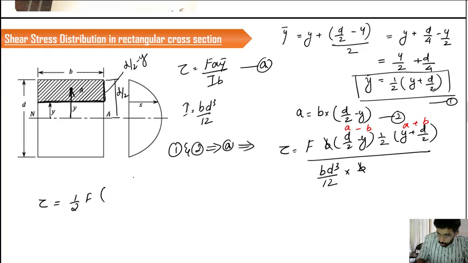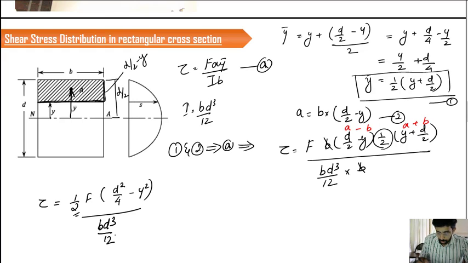So the answer comes as d square by 4 minus y square. This half we have taken out here, divided by B d cube by 12. In simple words, we can rewrite this equation as F divided by 2I into (d square by 4 minus y square).